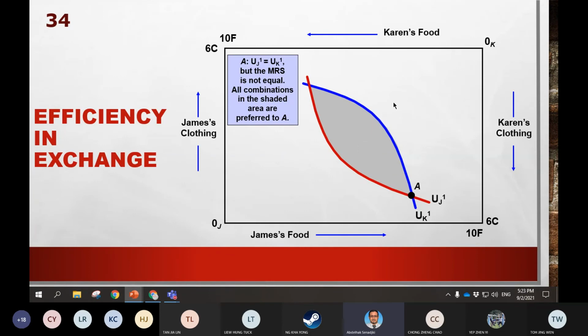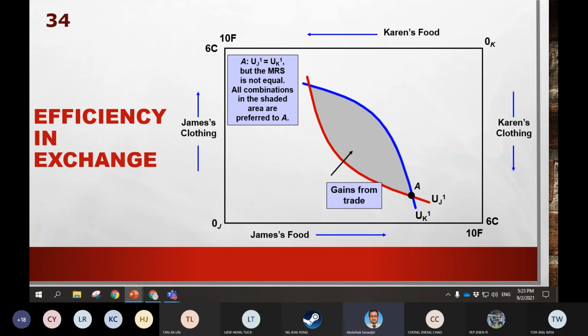But if you go outside of this, it will not make them both better off. So now we want to know exactly where the point, other than A, is where both Karen and James are better off until we reach efficiency.